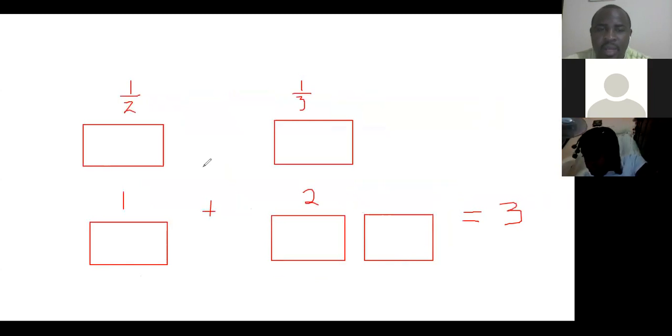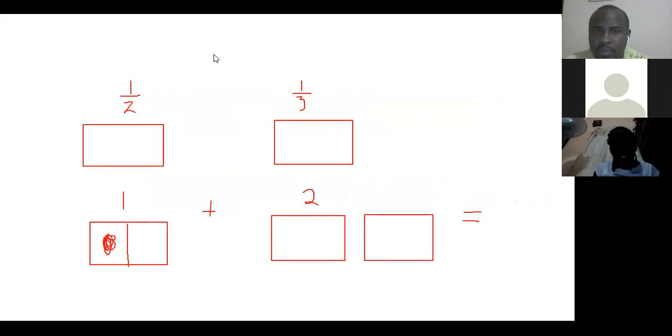All right, so here we go. Let's look at this now. Now, if I have this, Zaria, is this a whole anymore? No, sir. What is it called now?